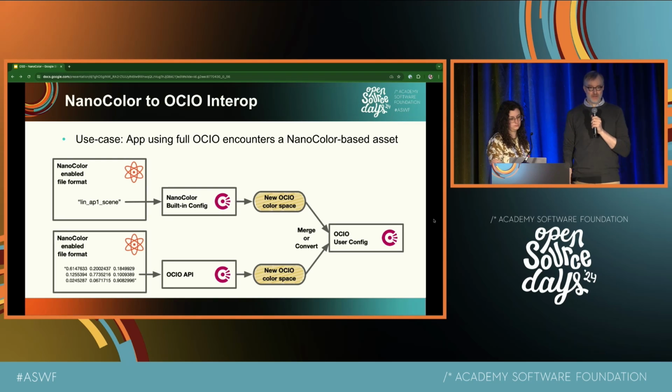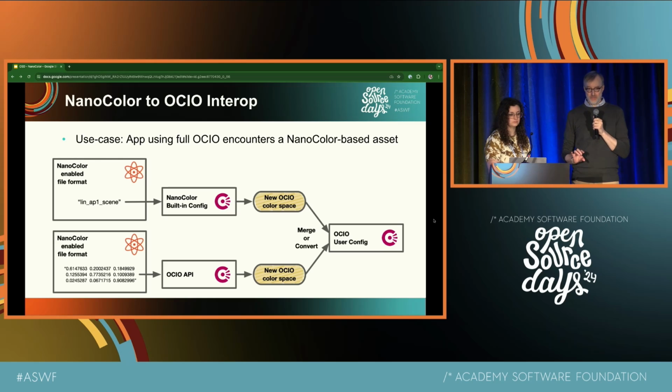So let's talk about interop, and we'll talk about interop in both directions, starting with NanoColor to OCIO. So the use case here is you have a full OCIO application that encounters a NanoColor-based asset that it wants to use. So there's two cases here. If it's just one of the core color spaces, the file format would just have the name string. That would be looked up in the NanoColor built-in config.